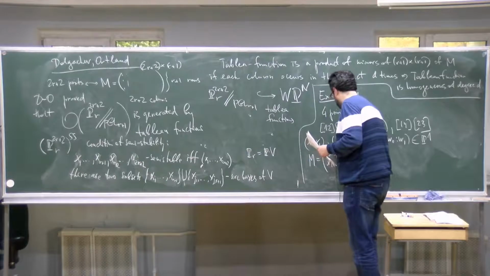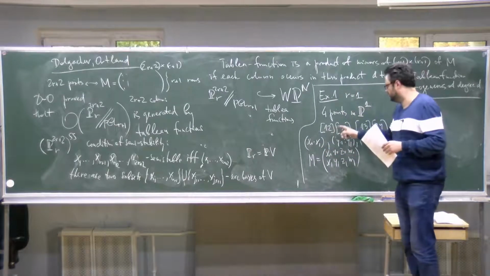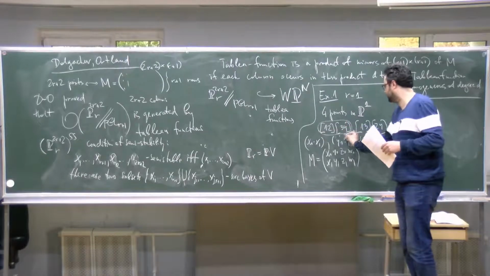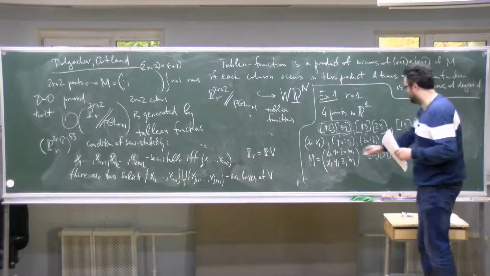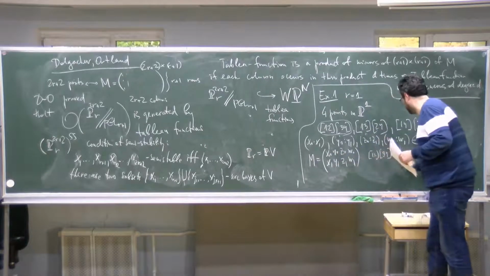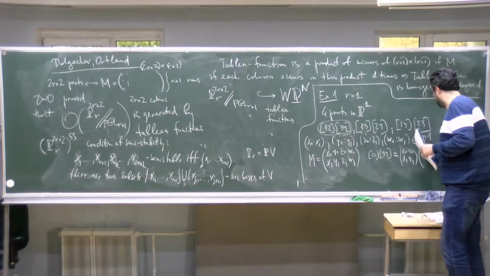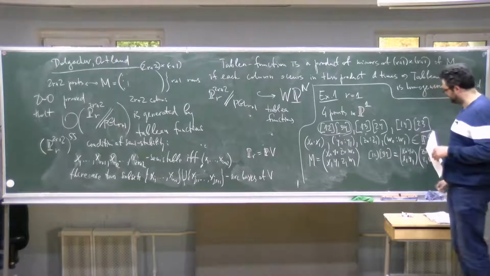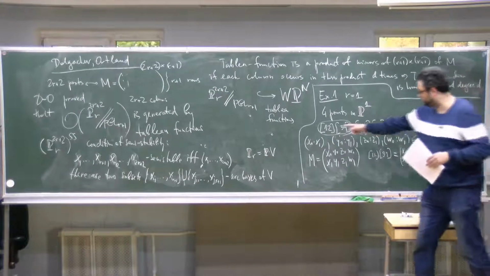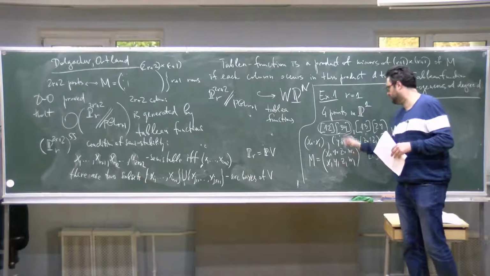The 1,2,3,4 tableau function of this type is equal to the product of these two minors. 1,2: I have to take the first 2 columns; 3,4.